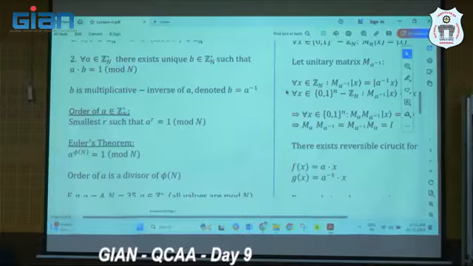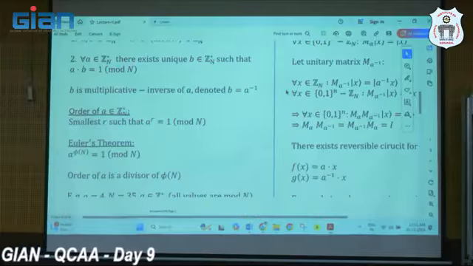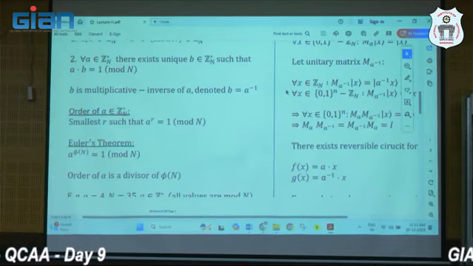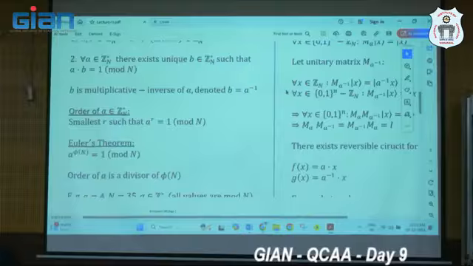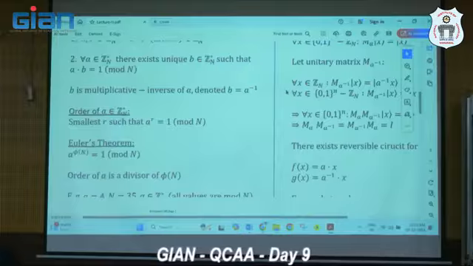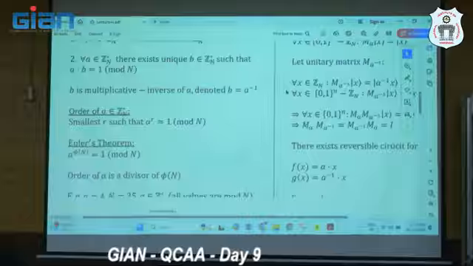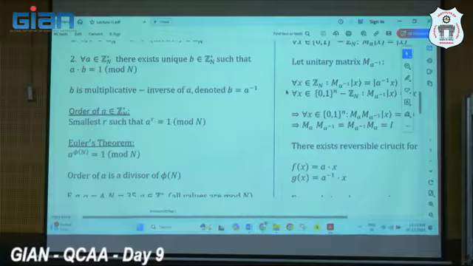And order of A, so that means there is some R which will become 1. Correct? A to the R will become 1. R is the smallest such R. Order is the smallest such R. You know, A to phi n will definitely be 1. But can be something smaller also, right? So smallest such number, so that A to that number is 1, is called the order of A in Z star n.